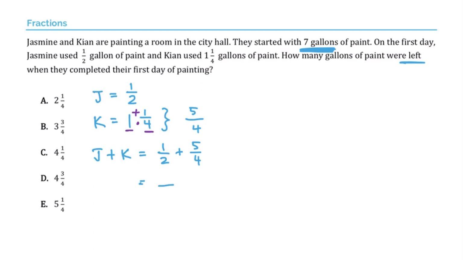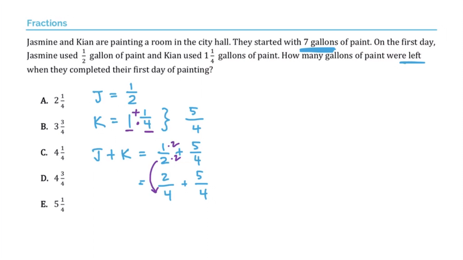So this 2, I'm going to need to change to have a 4 on the bottom, because 4 is going to be the smallest number that both 2 and 4 go into. So what I'm going to have to do is to get from 2 to 4, I multiply by 2. So whatever I do to the bottom, I have to do to the top. So that means that 1/2 is the same thing as 1 times 2 for the top, which is 2/4, plus 5/4.